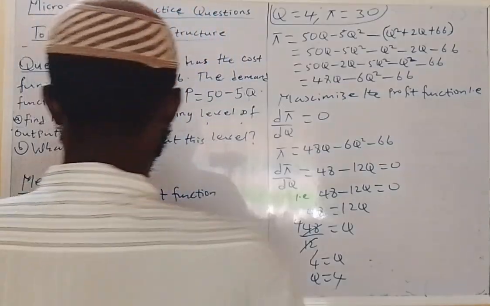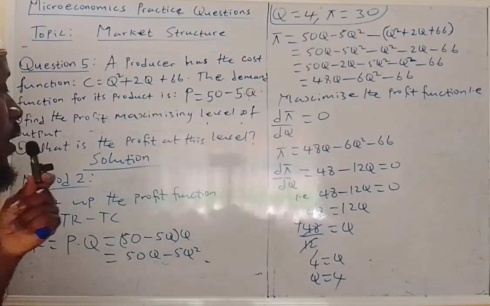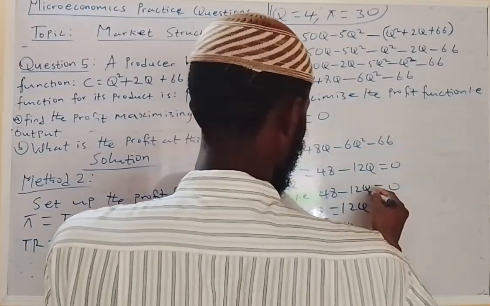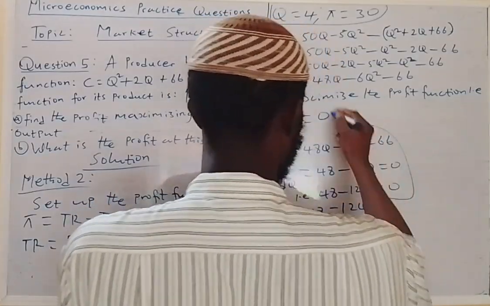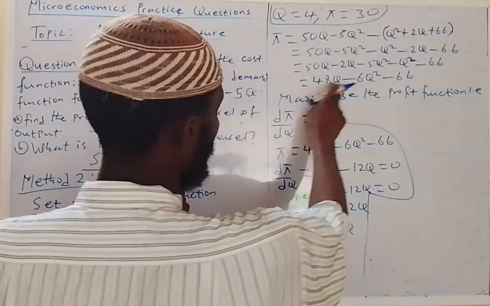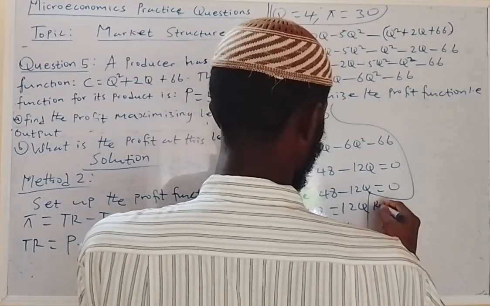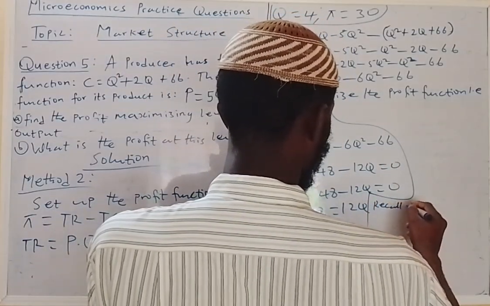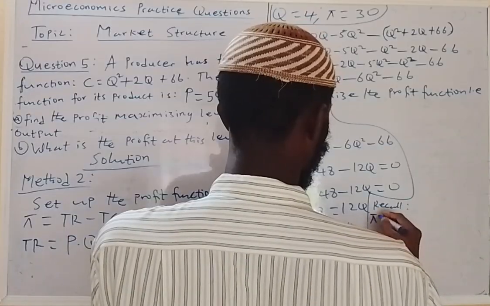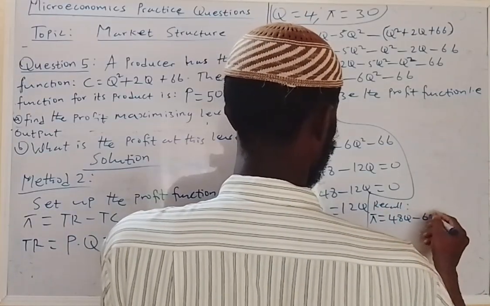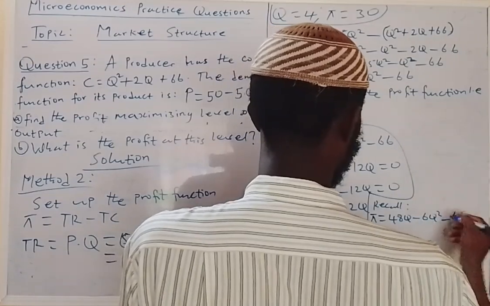Now, the second question is, what is the profit at this level? Let's find the profit. It's very easy to find the profit because we already derived our profit function. We recall that pi equals 48Q minus 6Q squared minus 66.